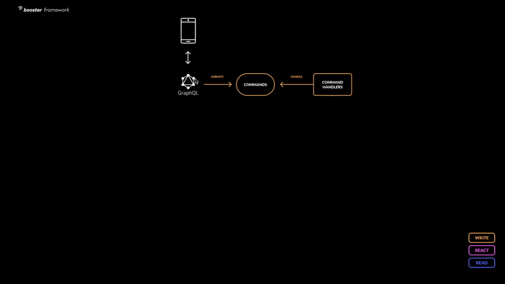So this GraphQL endpoint then will be submitting this command that we have defined called create account, which is a TypeScript class. And when this command arrives to our system, the command handler method will be executed.